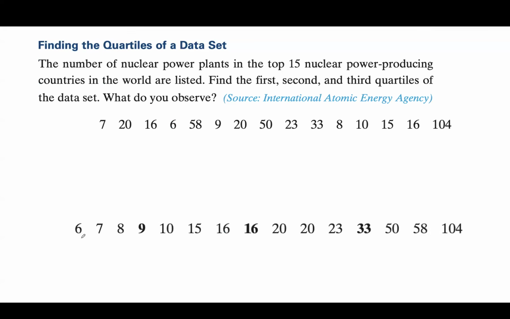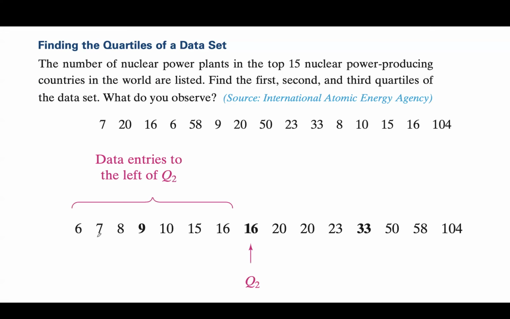First, let us write these in order. The smallest value is 6, then it jumps to 7, 8, 9, and the maximum value is 104. Please note that the median, or the second quartile, divides the data into two equal parts. In this case, the second quartile or the median is 16.